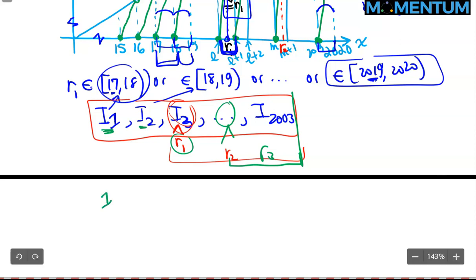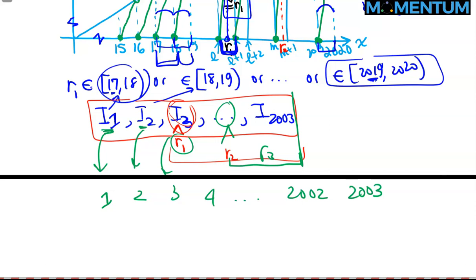So now we have, in a sense, a bijection 1, 2, 3, and so on, all the way to 2002, 2003. All we do is pick 3 numbers, but they don't have to be distinct. How many ways can we pick 3 numbers from among these 2003 numbers? For instance, I can pick dot dot and then dot.